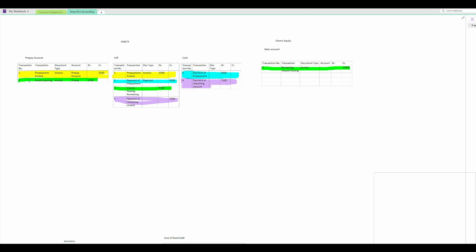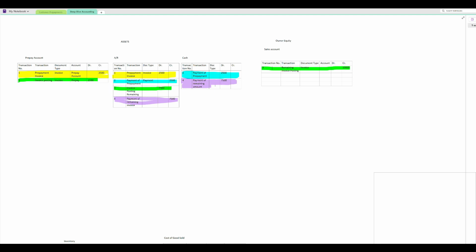Then at number 3, we had in green, we posted the remainder of the invoice, which is a sale of $10,000, which was distributed into the 2. So follow the green. Was distributed into 2 asset accounts. One was the AR 7,500 because we're still waiting for those 7,500, but we also offset the 2,500 that was prepaid.